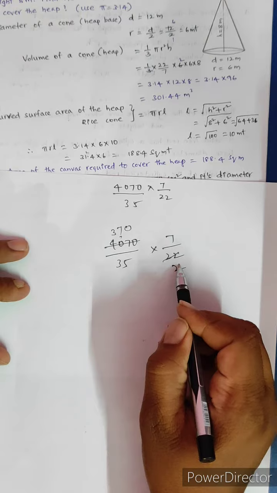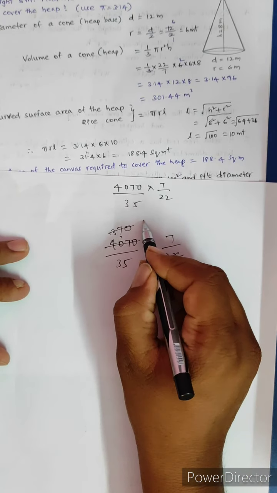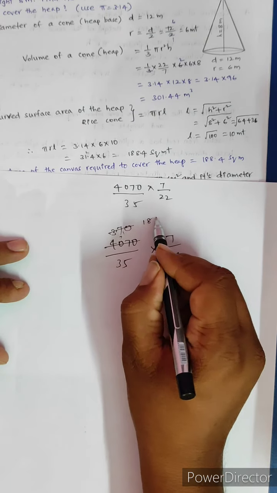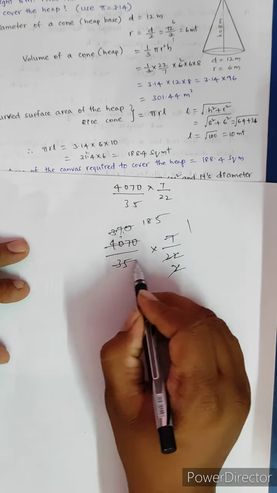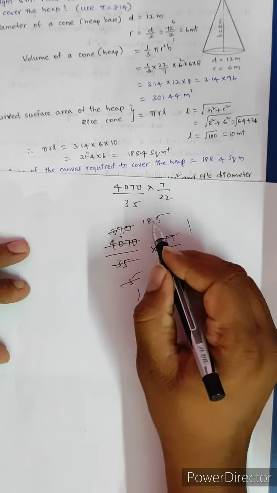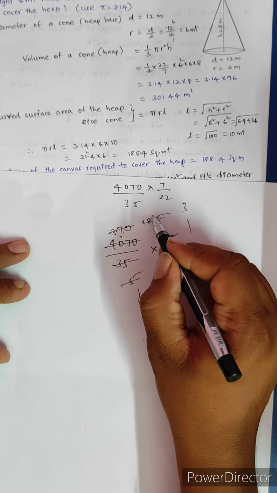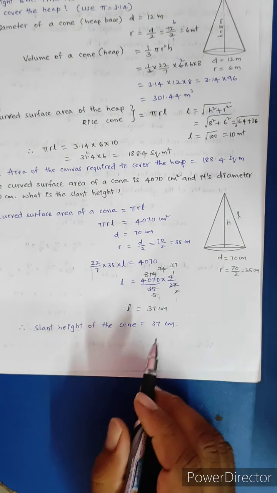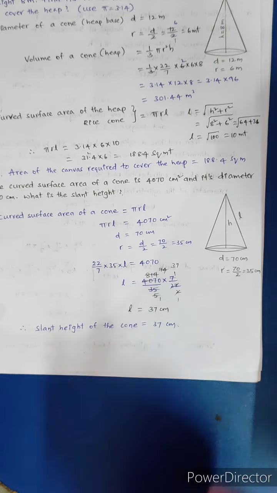Next, 2 ones are 2, 2 ones are 2, 2 eights are 16, 2 fives are 10, 7 ones are 7, 7 fives are 35, 5 ones are 5, 5 threes are 15, 5 sevens are 35, 37. So slant height l is equal to 37.